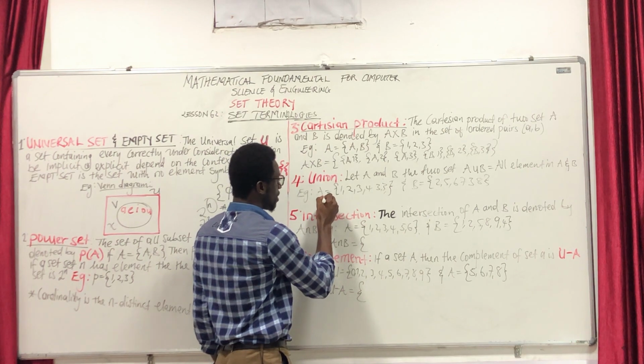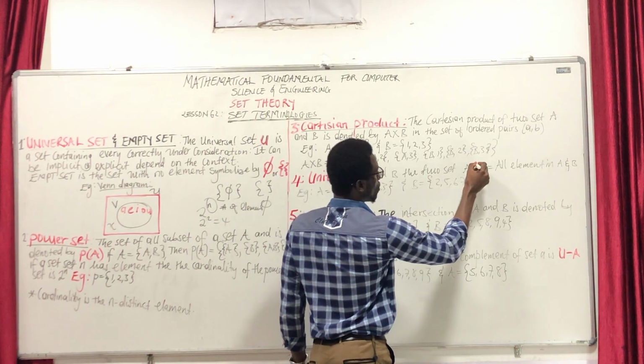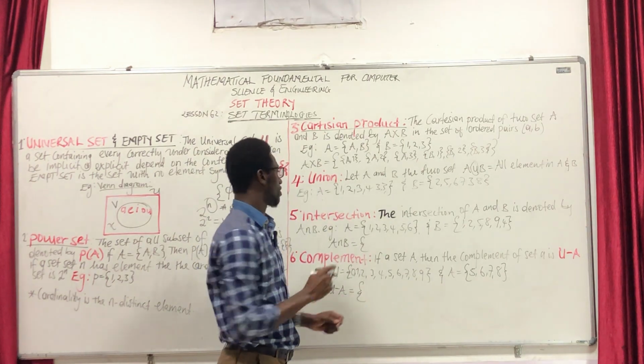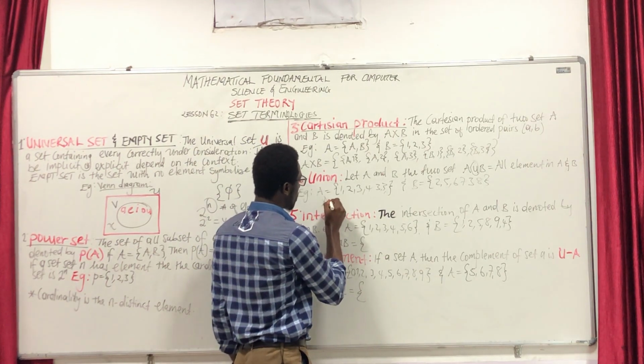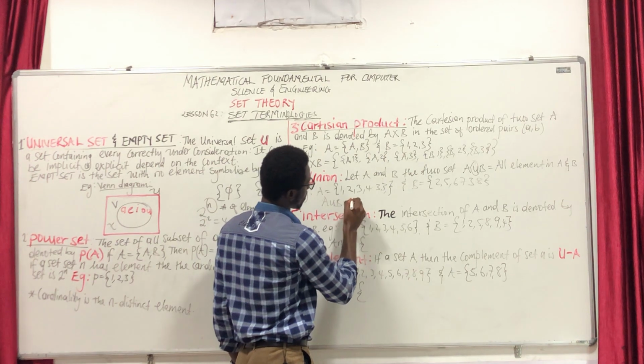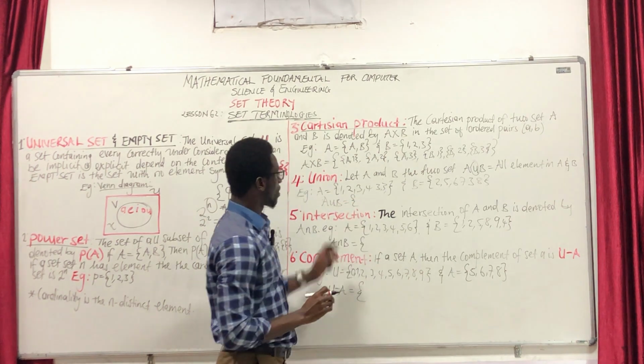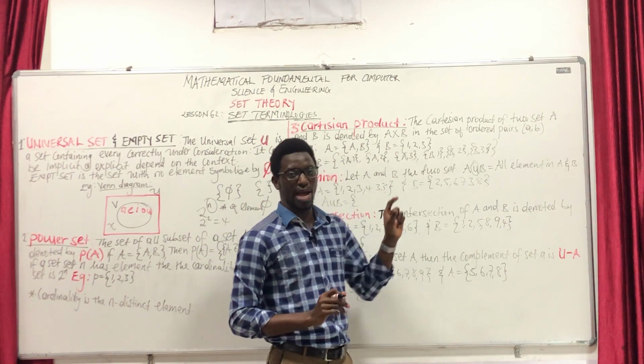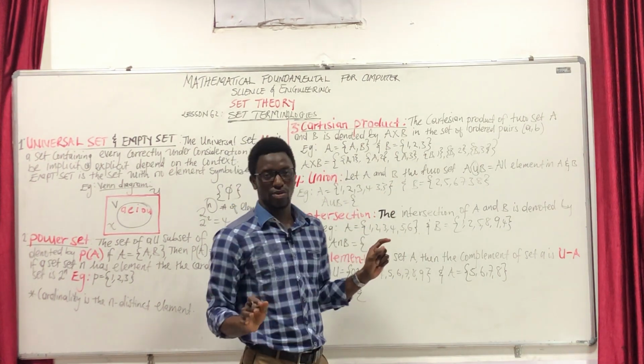Now A union B, this union is denoted by this symbol U, which means union. So A union B will be, here we check, all the elements in A and all the elements in B combined, but no repetition.